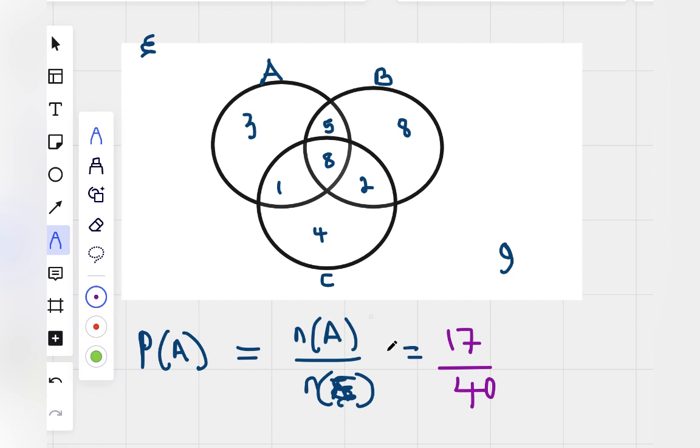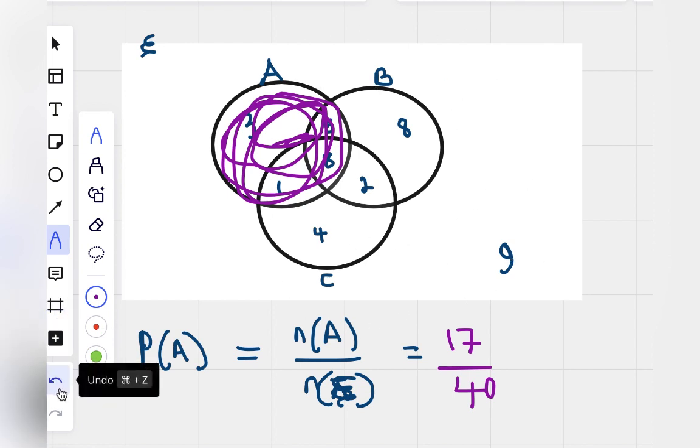So in a Venn diagram, they can be asking you probability questions. Don't be confused. When they say P of A, we can shade this place. Find the elements in this place, which is 17, over the total elements in the whole set, including the neither.